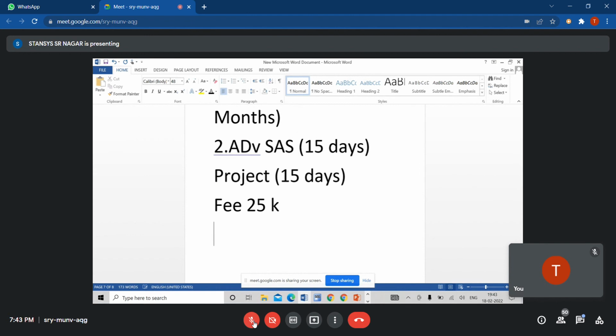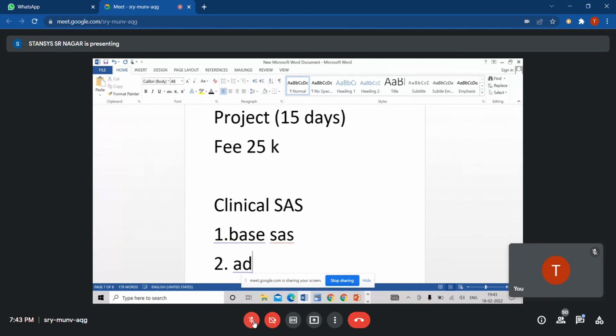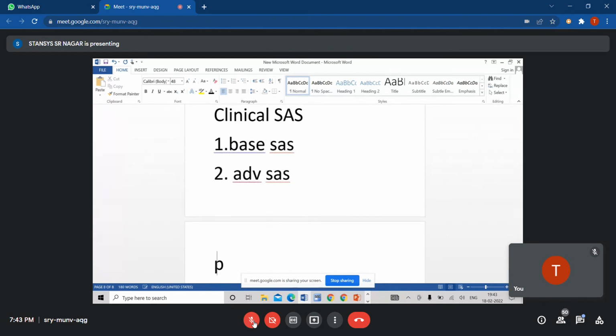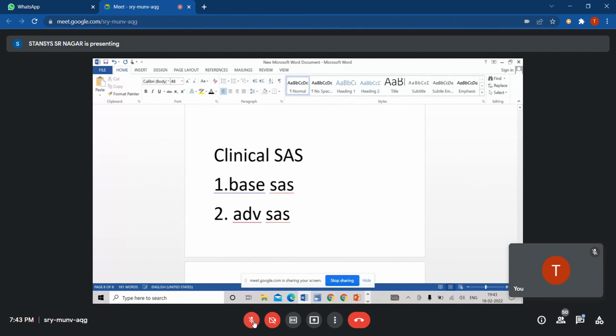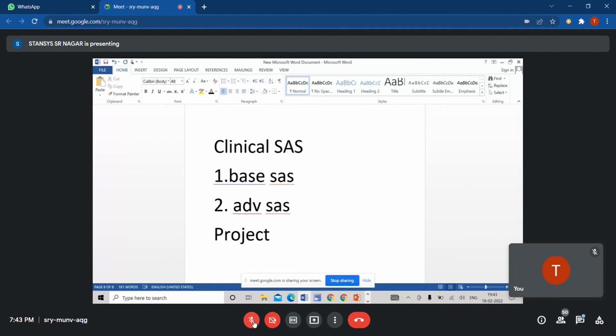And the next is clinical SAS. For those taking clinical SAS, the first is base SAS, the same for both, the second is advanced SAS, and the third is the project. The project is nothing but CDISC.